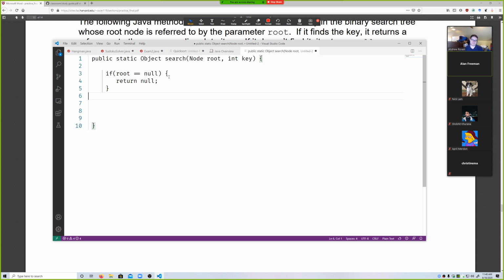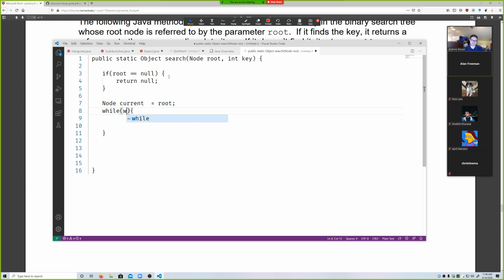Otherwise, here's what I do. While true, because I don't know what I need to put there yet. Node current is equal to root while current not equal to null. And actually, we can totally just put this over here and do return null.